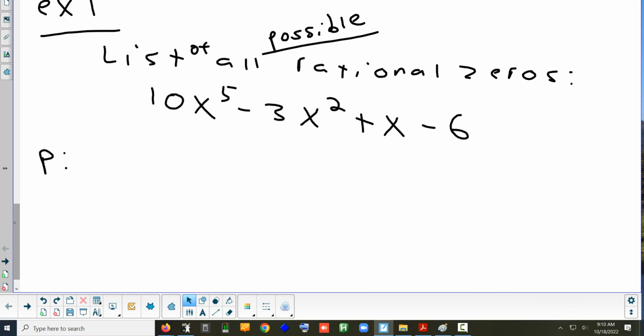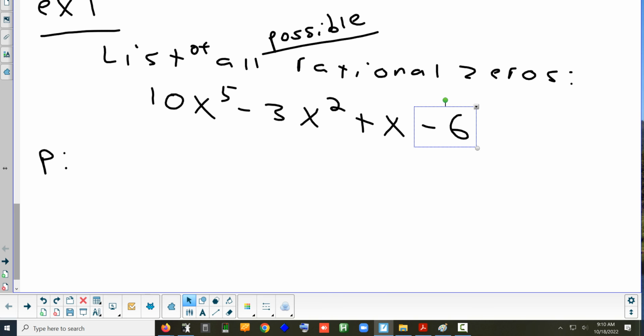Yep. X. No, x is a variable. Constant is something that cannot change. Those are coefficients. So the constant is a term that cannot change regardless of what you plug in for the x value. Yep. Negative 6.